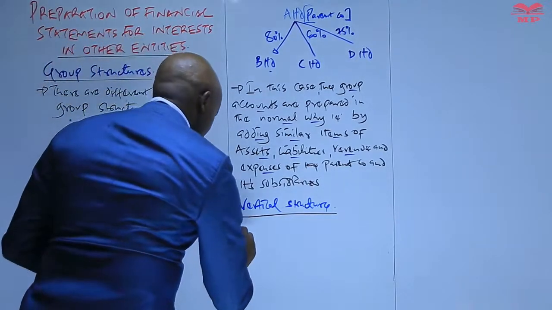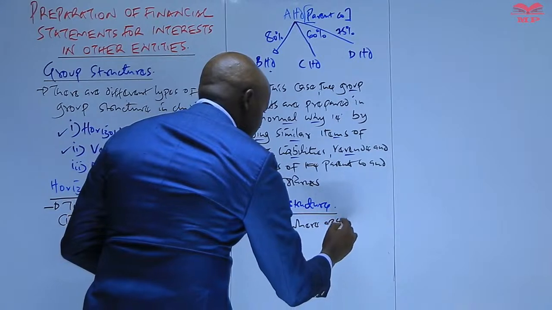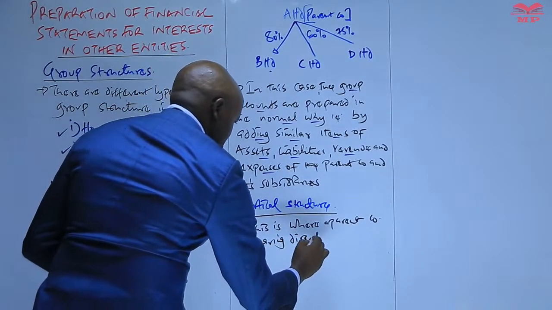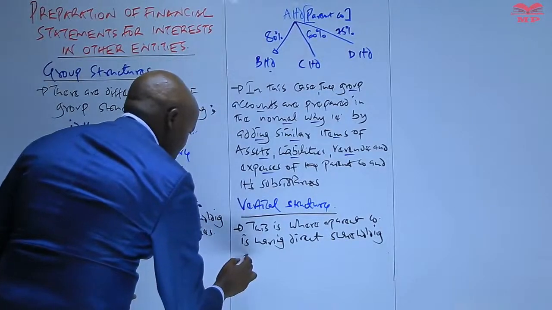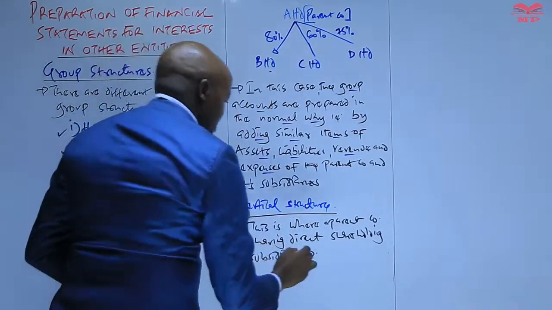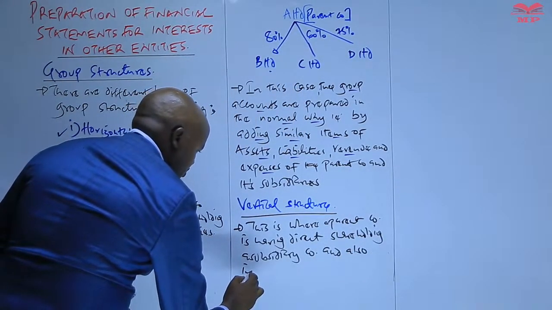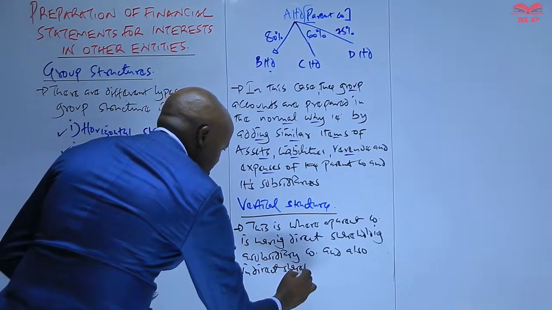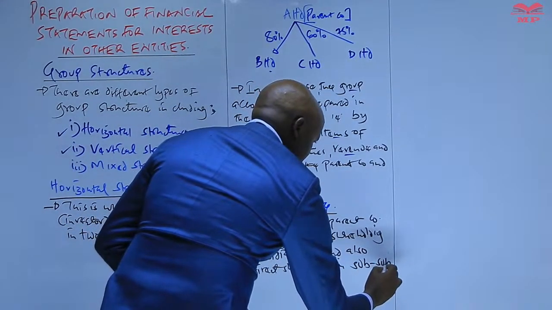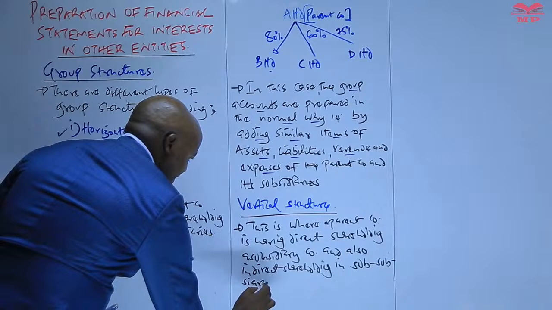So therefore, you can say that this is where a parent company is having direct shareholding in a subsidiary company, and also indirect shareholding in a sub-subsidiary.